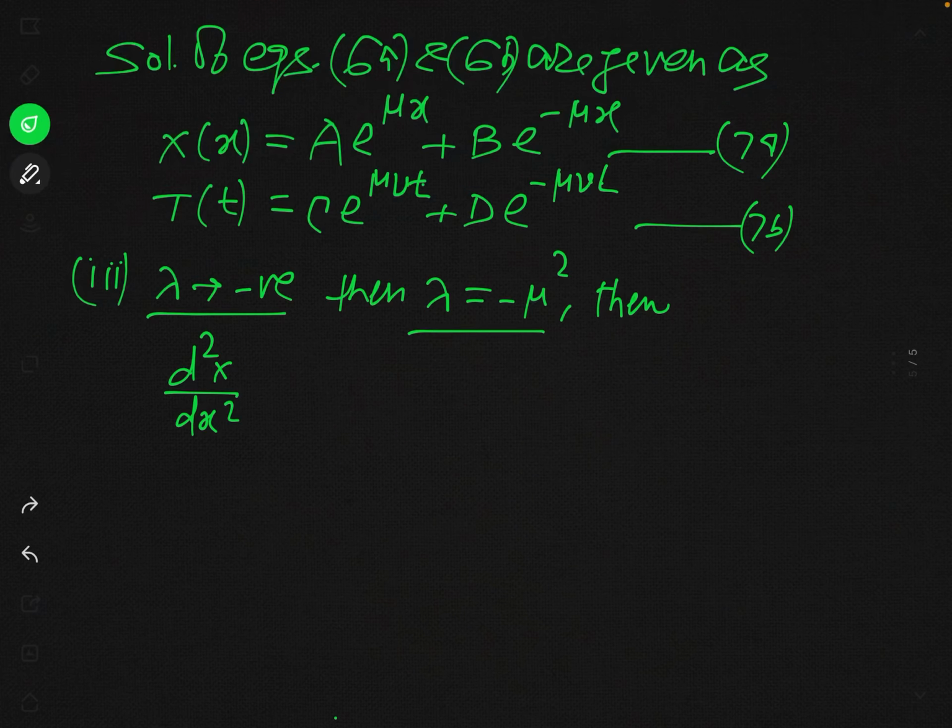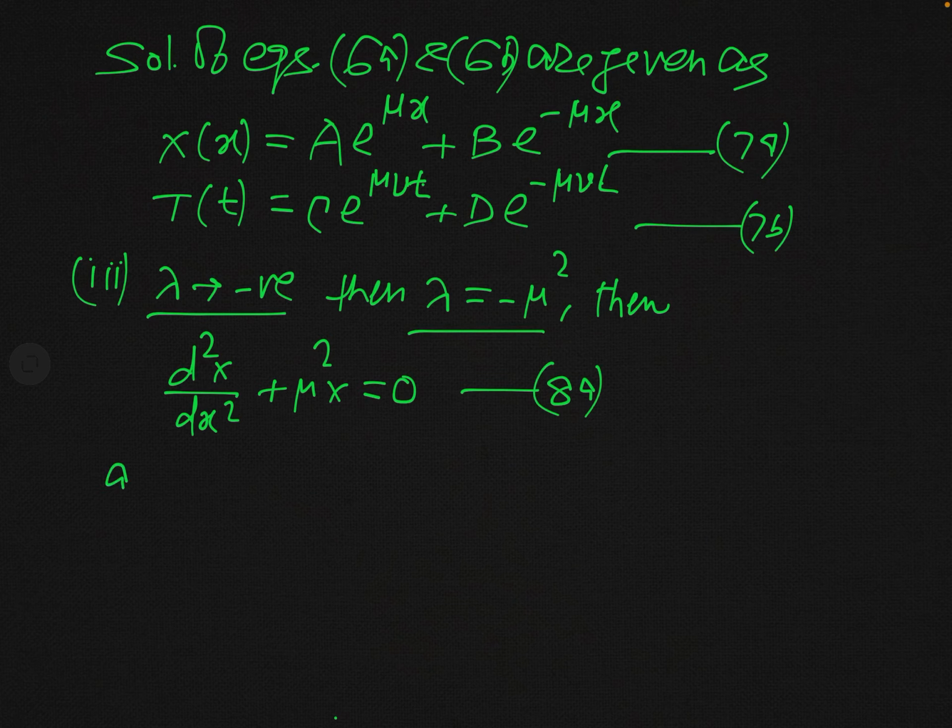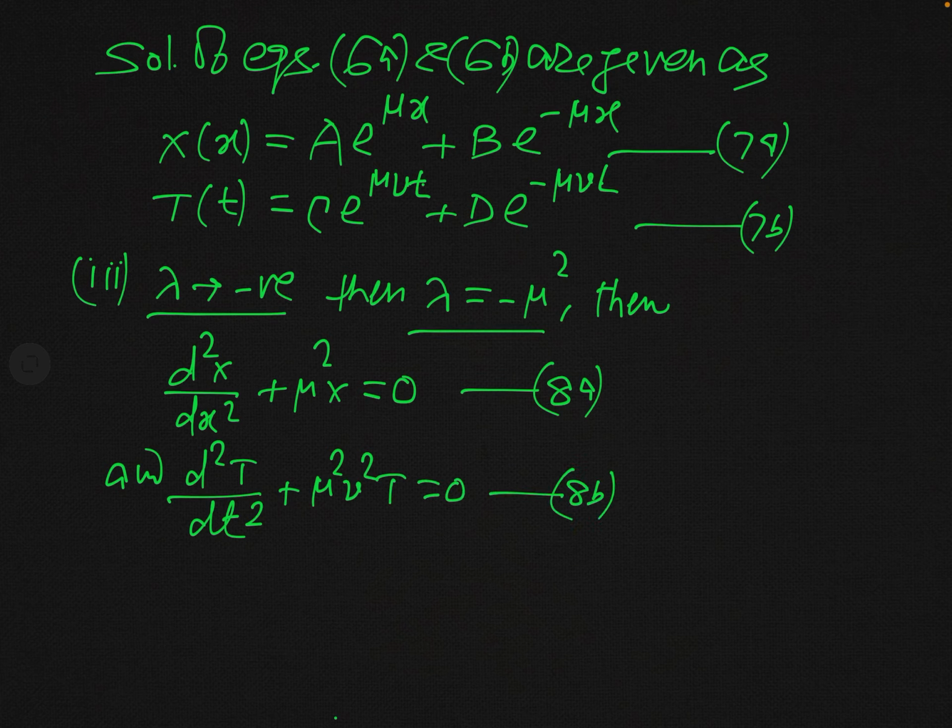So our equation in this condition will be d2x by dx square plus mu square x equal to 0. Say this is equation 8a. And the other equation will be d2t by dt square plus mu square v square t equal to 0. And this is 8b, let us say.